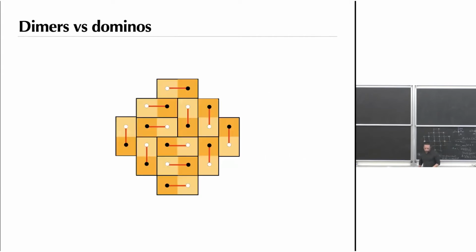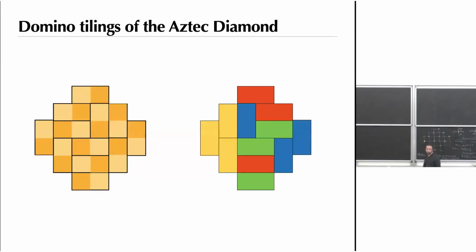Okay, so just also quickly, maybe because you also saw yesterday, to draw the pictures, you typically take your diamonds and you draw little rectangles around them. So if you remove the diamonds, you get this domino tiling of the Aztec diamond. And typically when we make pictures, we don't draw this kind of pictures, but we actually assign 4 colors.